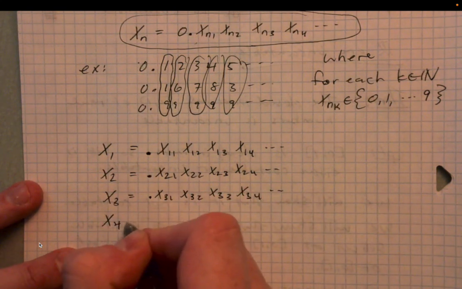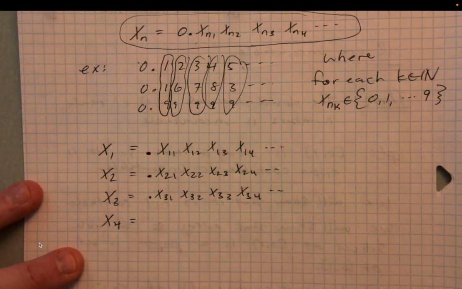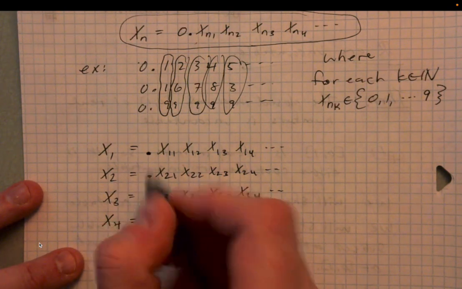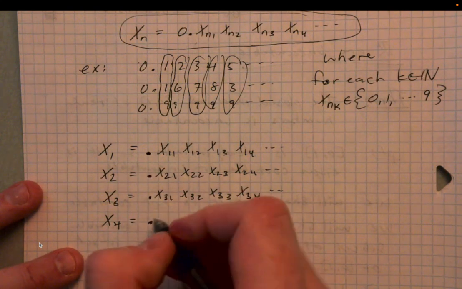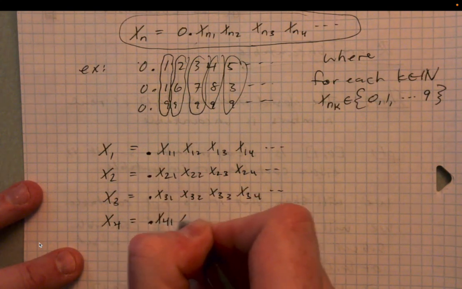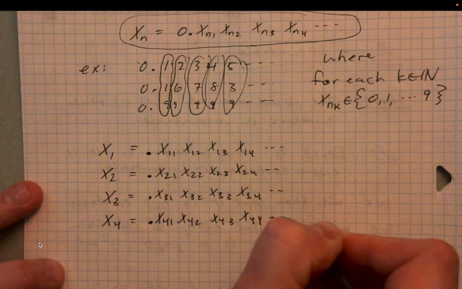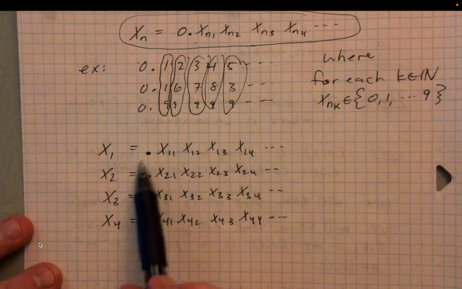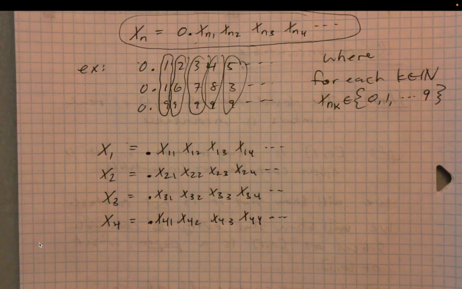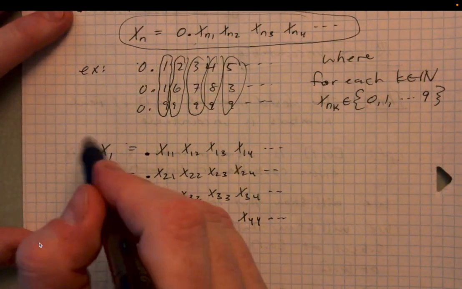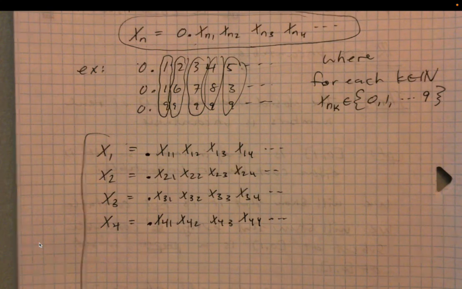And I'll put one more: x4 is equal to 0.x41, x42, x43, x44, and so on. These are infinite decimal expansions. There's infinitely many, but the fact that it's countable means I can enumerate it like this. I can put it in a list.